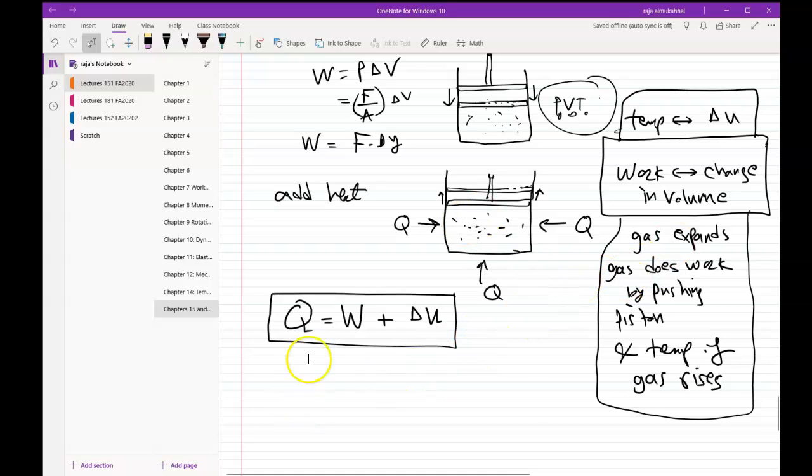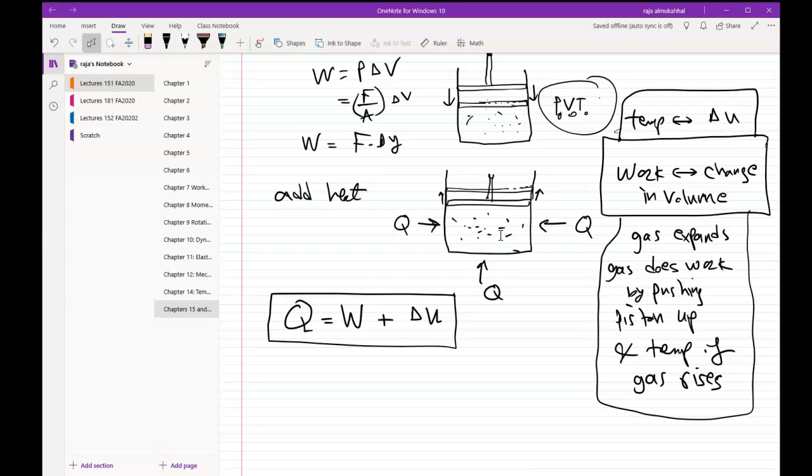I have added heat to the gas, correct? What happened to the gas? The gas expands because I have added heat to it. When gas expands, it means the gas does work by pushing the piston up, right? In addition to that, part of the heat went into work by pushing the piston up, and the other part went into raising the temperature of the gas.